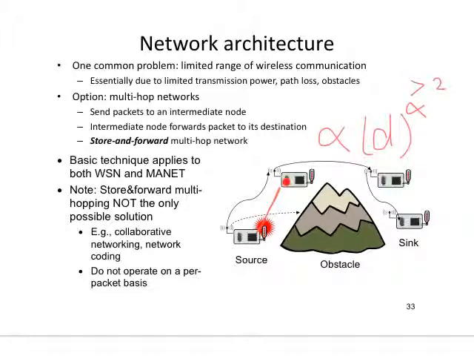Okay, so I'm going to just amplify the signal a little bit and send it over. And then this one will do the same. Or you can say, I will decode or store, which means that I will convert this signal to a digital domain. And then I will store it into the buffer, and then I'll take the buffer and convert it again into an analog signal and send it over.